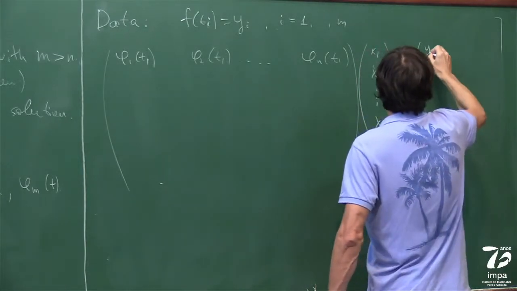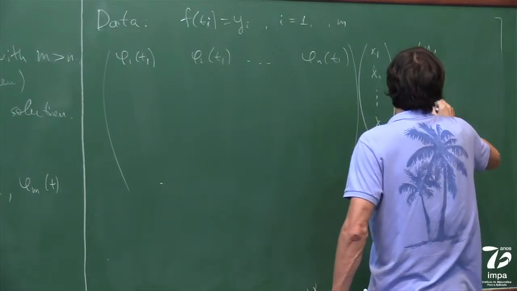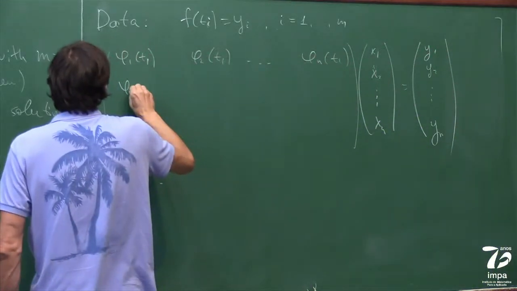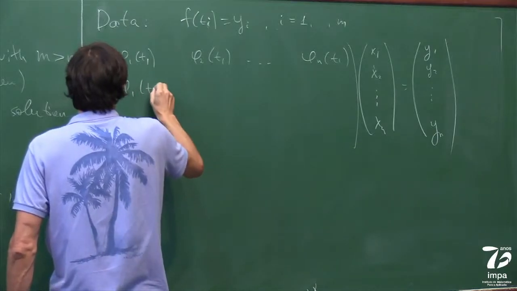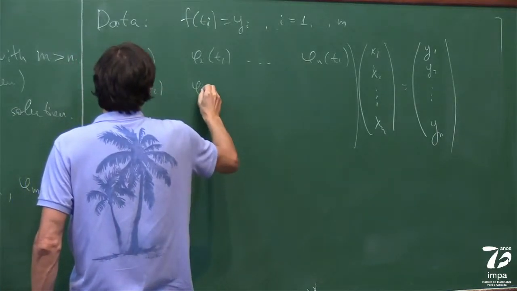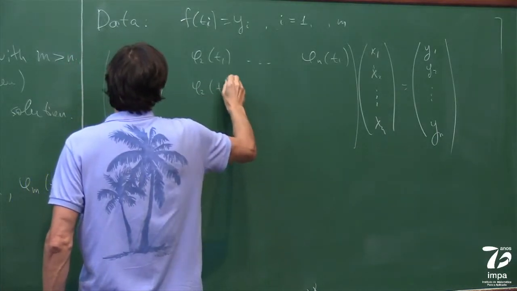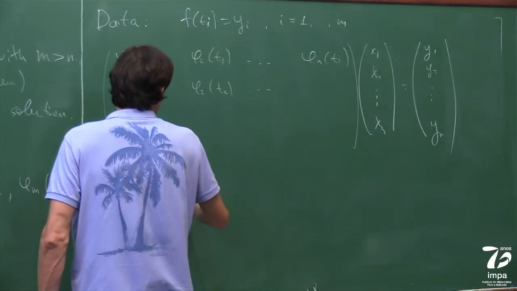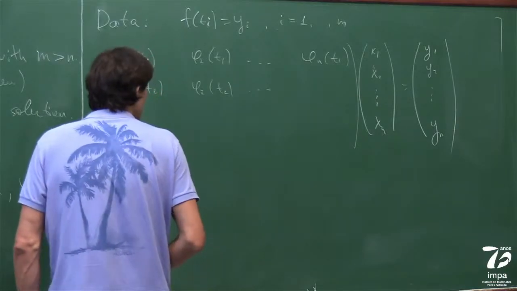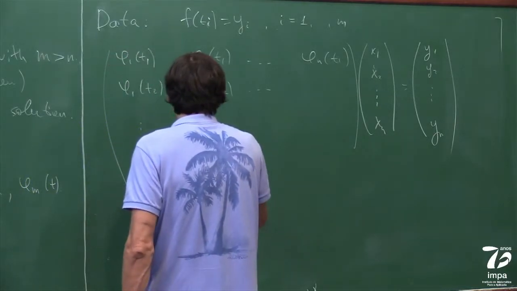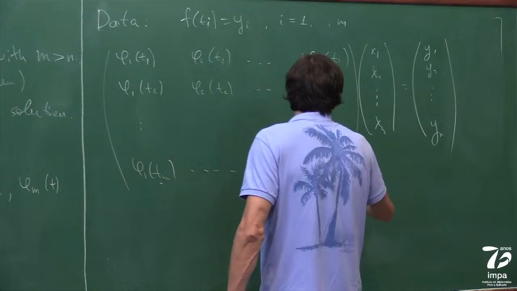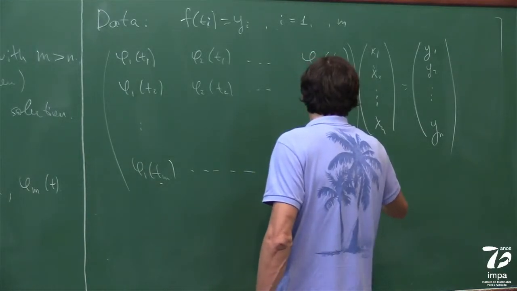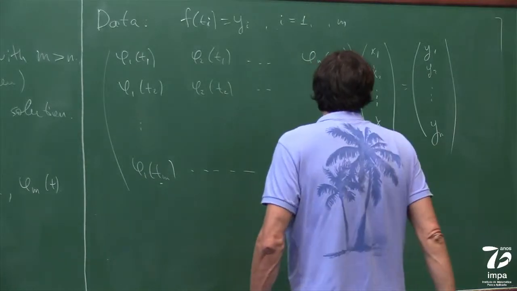It will be given by the second row, which is the same but at time t2. Like this.